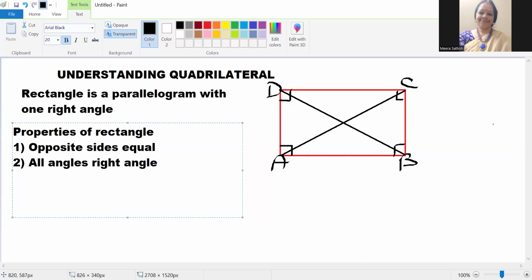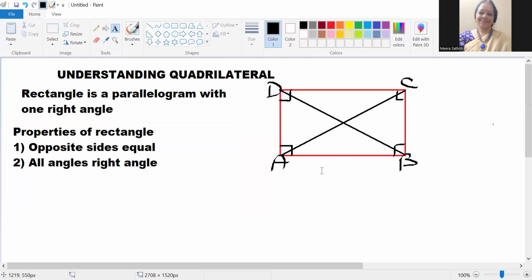Then diagonals bisect each other, same as that of parallelogram. But here the major difference is diagonals are equal. AC equal to BD. That is the major difference.